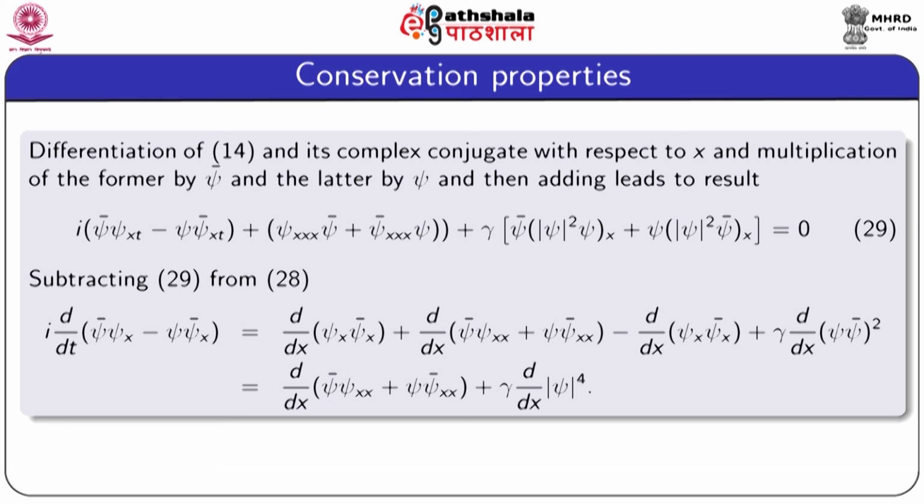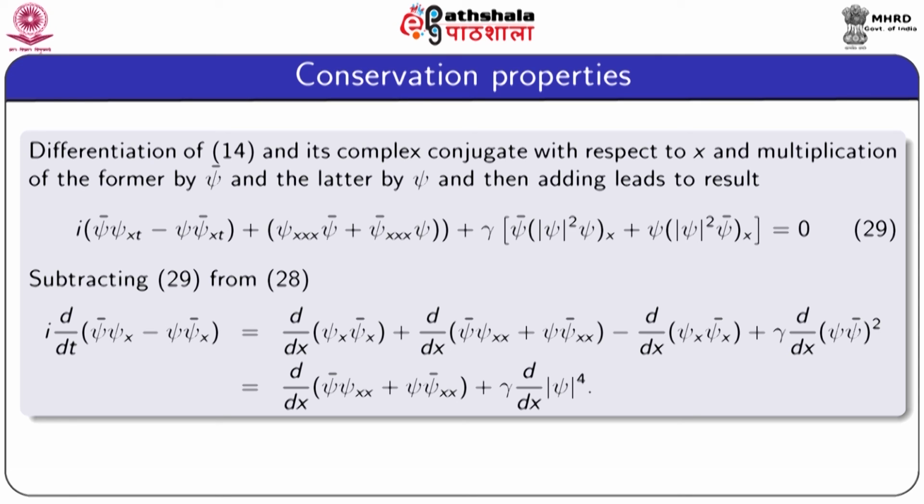Now, subtracting 29 from 28, we get i d/dt of (psi bar psi x minus psi into psi x bar), after simplification, equals d/dx of [psi bar psi xx plus psi into psi bar xx plus gamma d/dx of |psi| to the power 4].